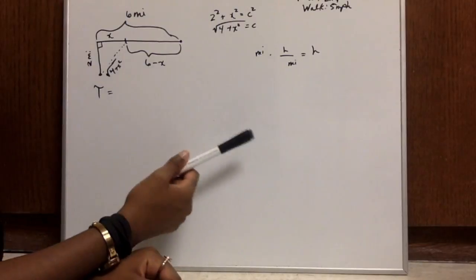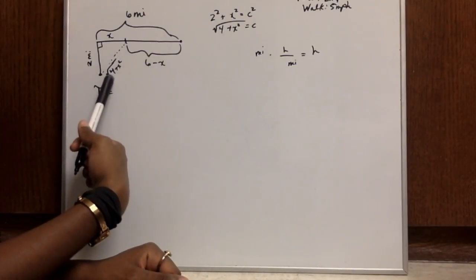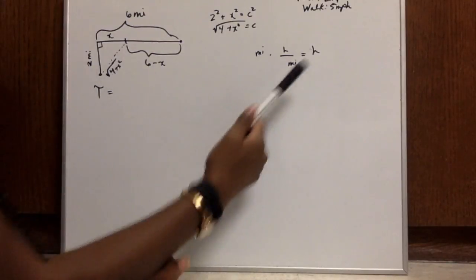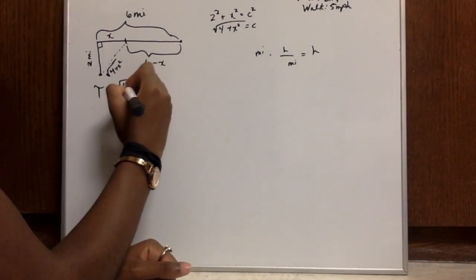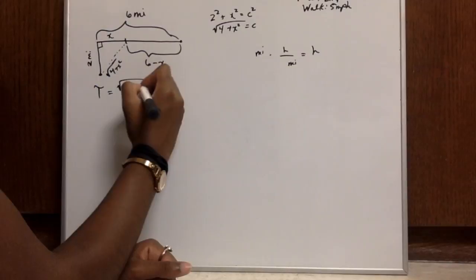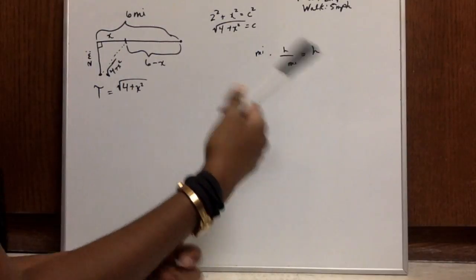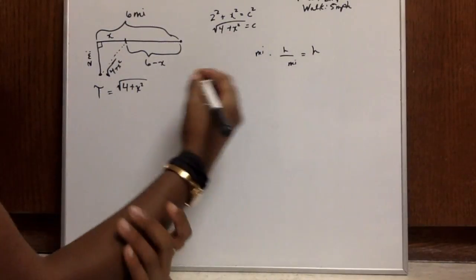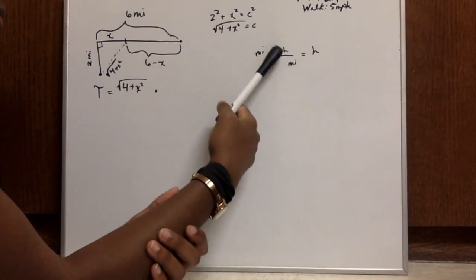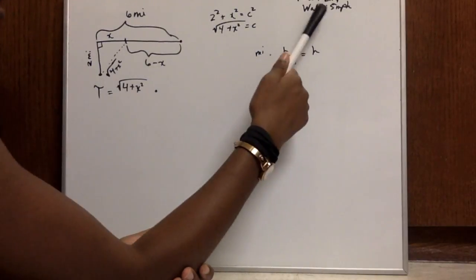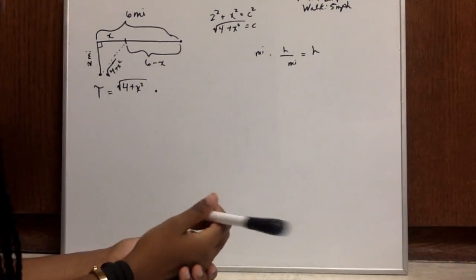So her rowing time is going to be the square root of 4 plus x squared, the radical 4 plus x squared, times the reciprocal of her miles per hour. She rows at a rate of 2 miles an hour.